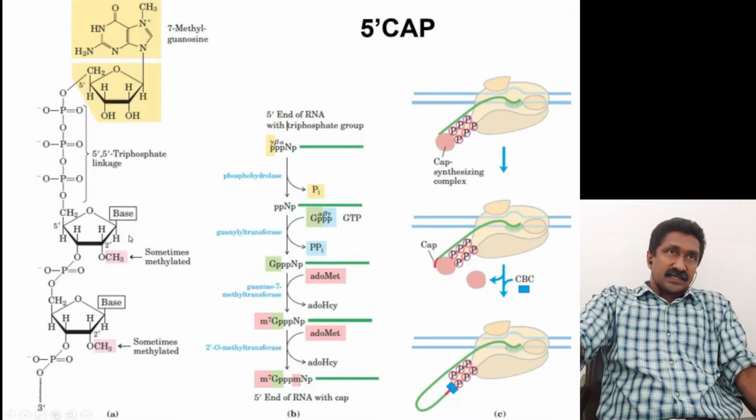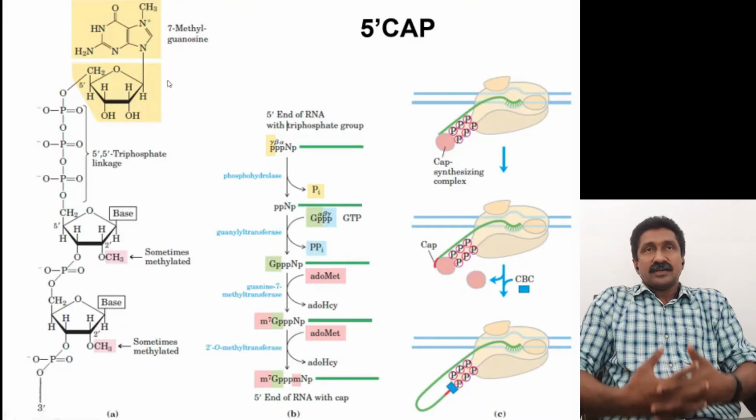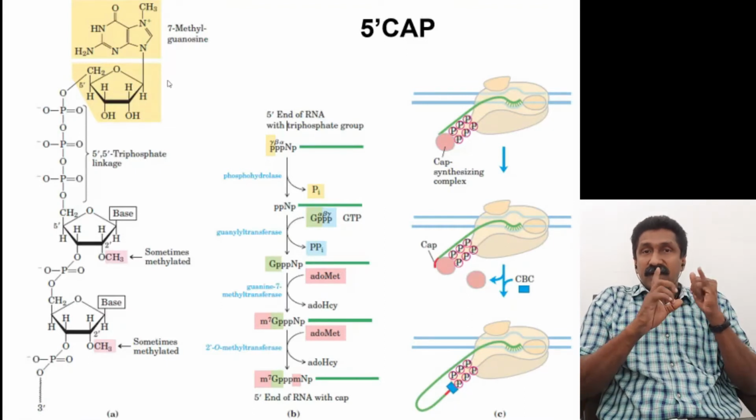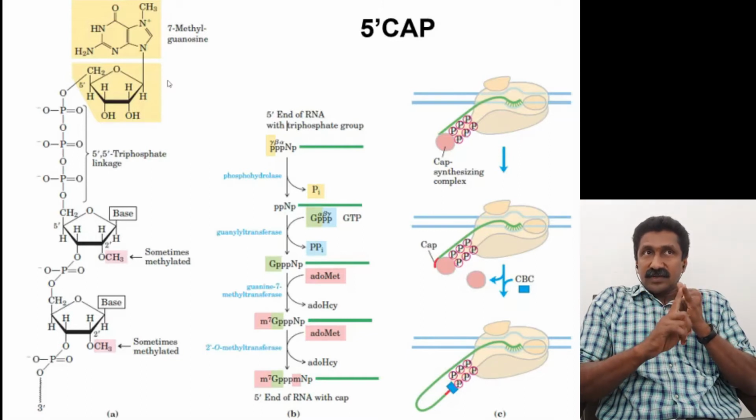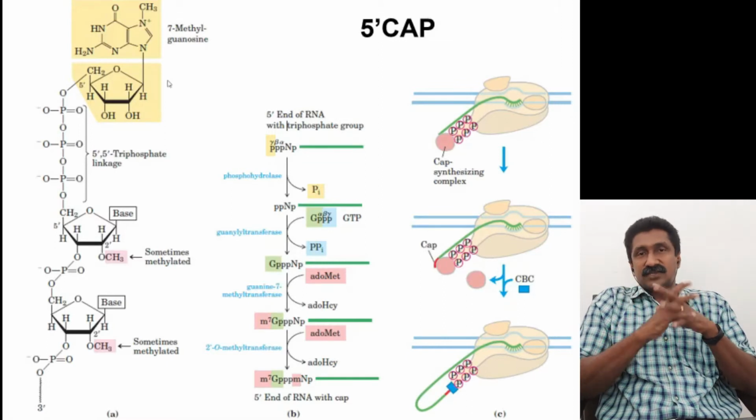Now we have to see that there is an addition of a methyl group on the 2' OH of the first base. Sometimes the 2' OH of the second base is also methylated. So the overall process of 5' capping includes addition of a 7-methyl guanosine at the end residue using a 5-5' linkage.